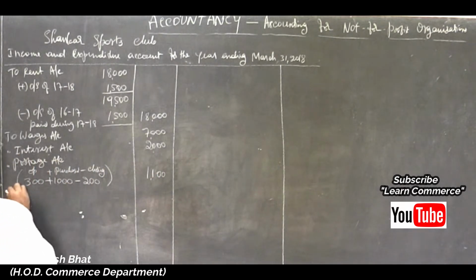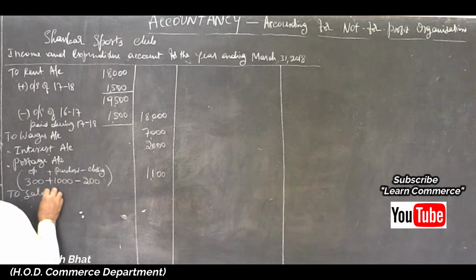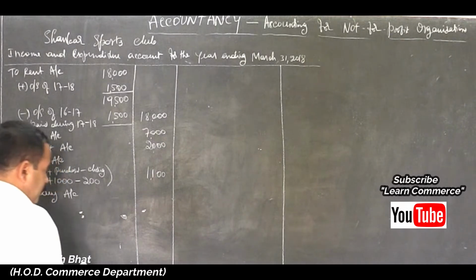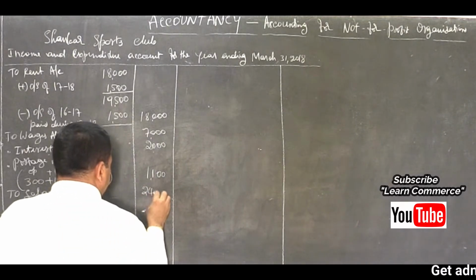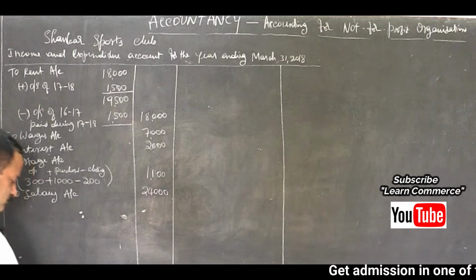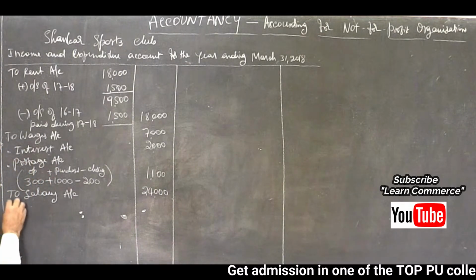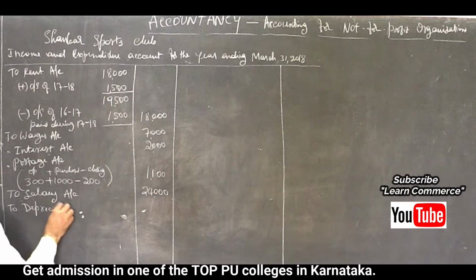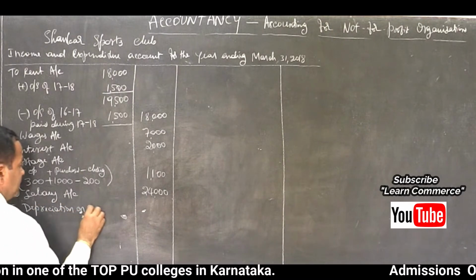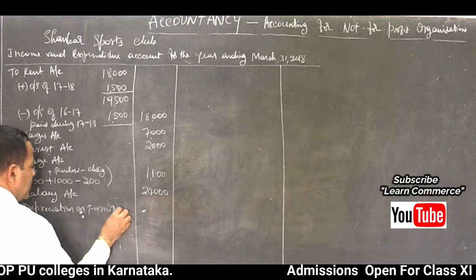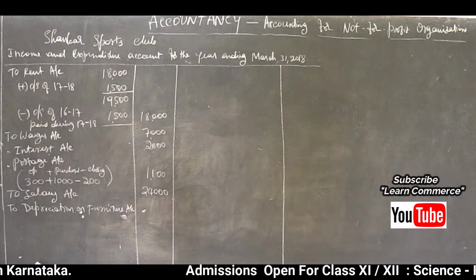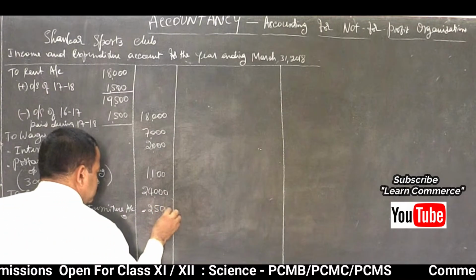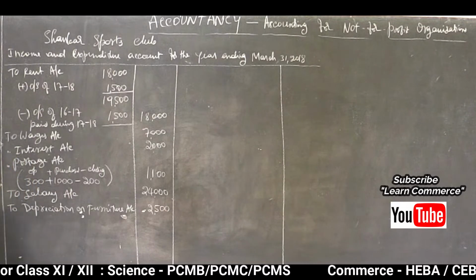To salary account, no change, I think 24,000 as it is. Depreciation on furniture. How much is it? 2,500.